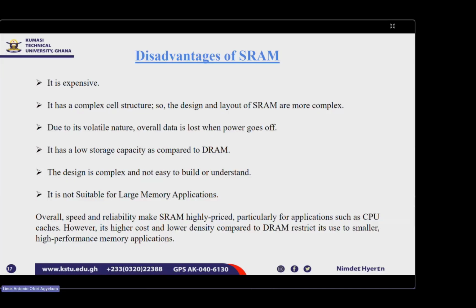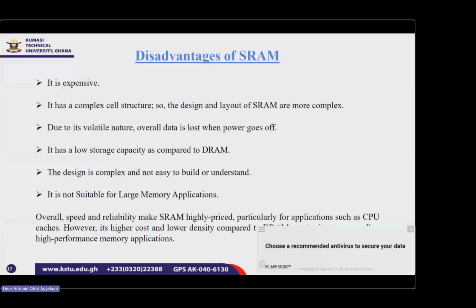And because of its complex structure, its design and layout are more complex. Again, because of its volatile nature, data that is written or read from the RAM is lost when there is no power or when the power goes off.